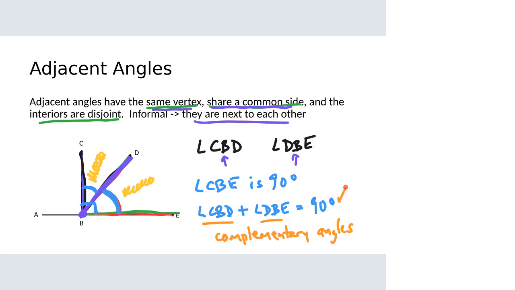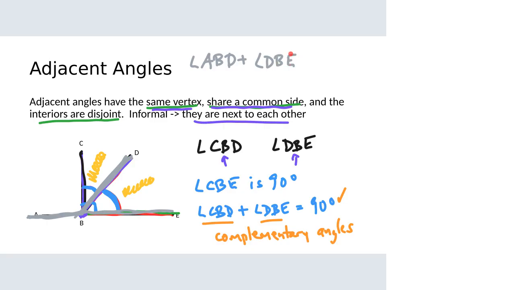Similar to this, but a little bit different, is if I look at, let's say, angle ABD, which I haven't looked at yet, but there it is. It's that obtuse angle right there. If I take angle ABD and I add that to DBE, let's see what happens there.